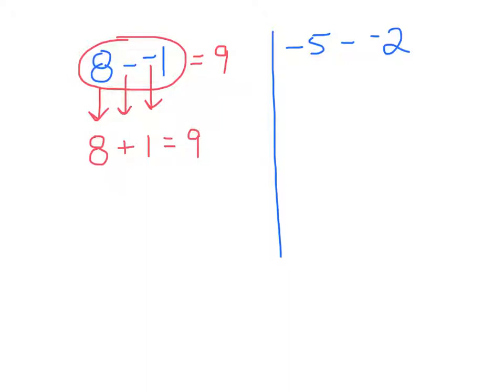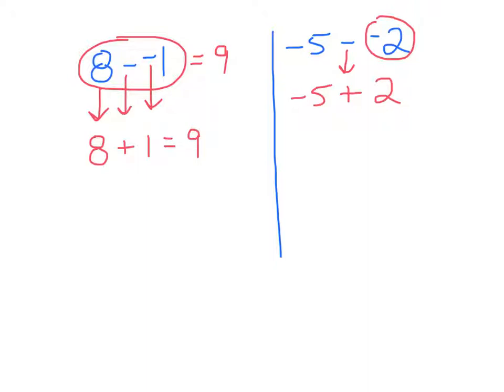How about negative 5 subtract negative 2? If I wanted to change this to an addition problem, the very first number, negative 5, is going to stay the same. I'm going to change it to addition. In order to change it to addition, I have to change the sign of the second number. So I'm going to have negative 5 plus a positive 2, which I could just write as 2.